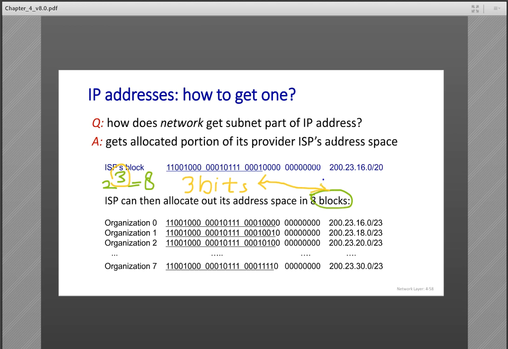I want to talk about one of those blocks. I need 3 bits to define each of them.